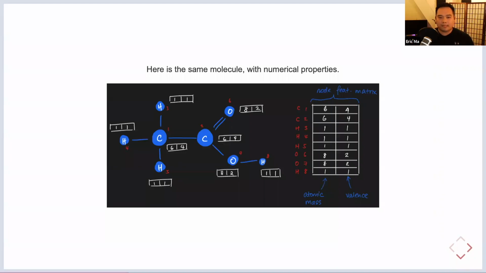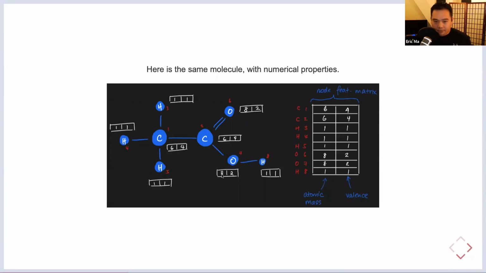The atomic number being the number of protons that atom has, and the valence number being the number of electrons that are present in its outer shell. So carbon has 6 protons and 4 electrons in its outer shell. Hydrogen has 1 proton and 1 electron in its outer shell.